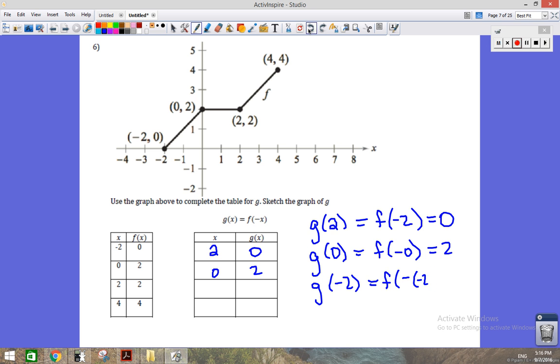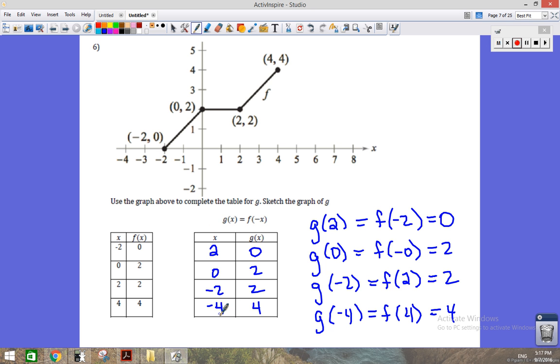So I'm just going to save some room and just write that as +2, because -2 and +2 are opposites of each other, and this table tells me that f evaluated at 2 is 2. So when this is -2, this is 2. The opposite of -4 is +4, and f evaluated at +4 is 4.